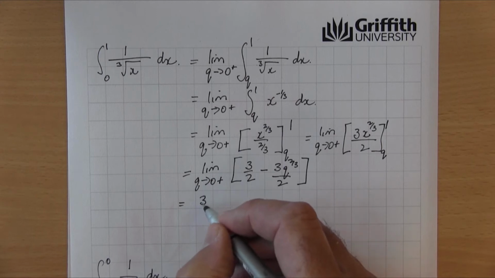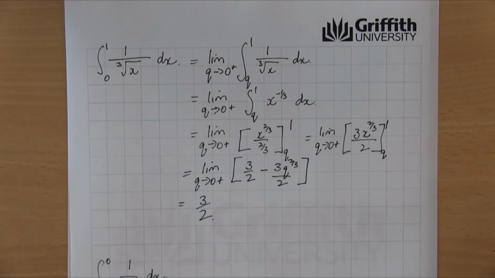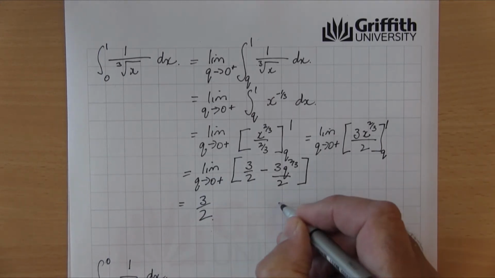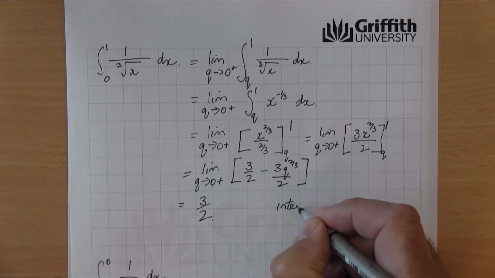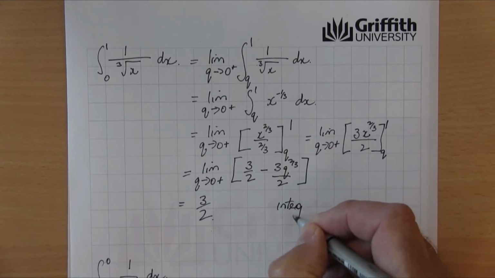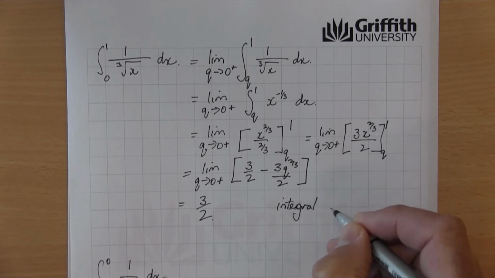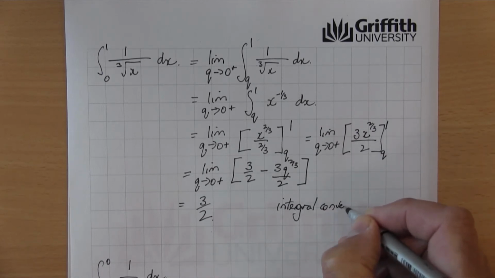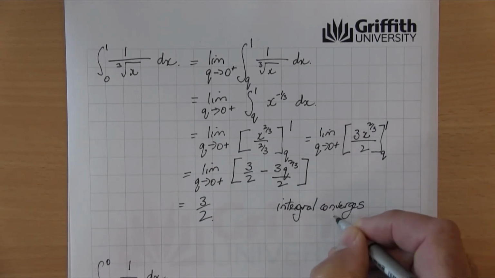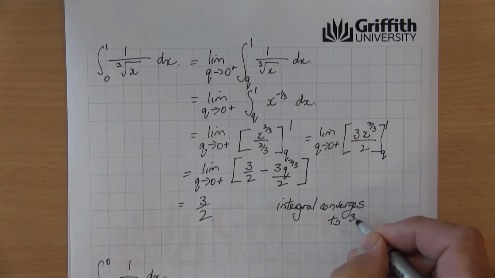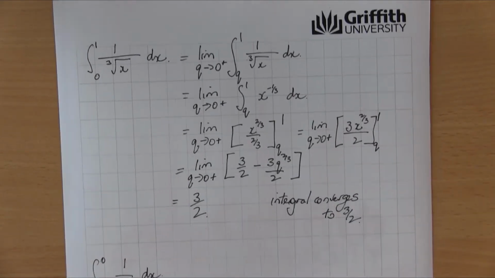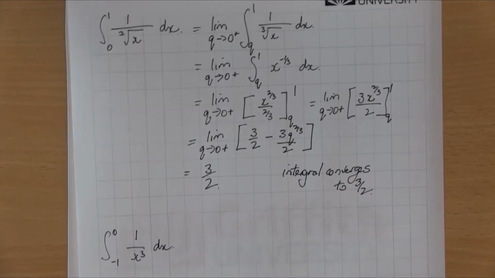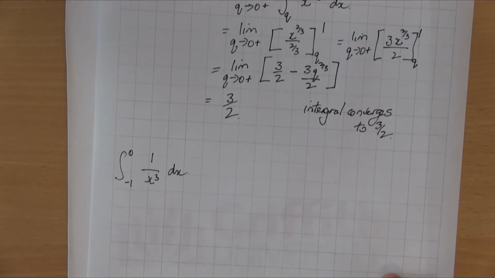So we're just left with 3 on 2. So this integral converges to the value of 3 on 2. Now let's have a look at another example.